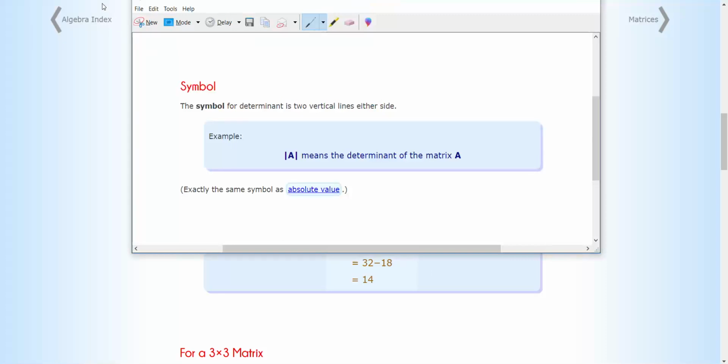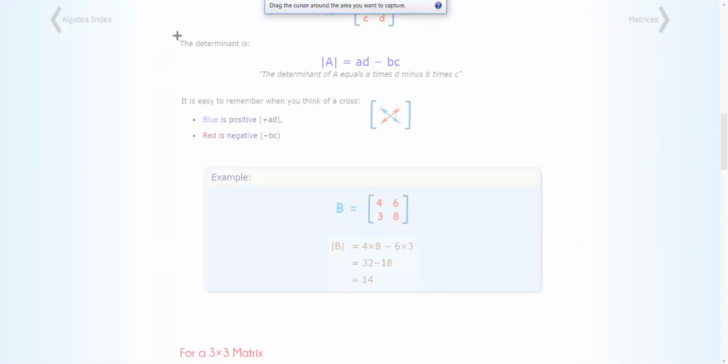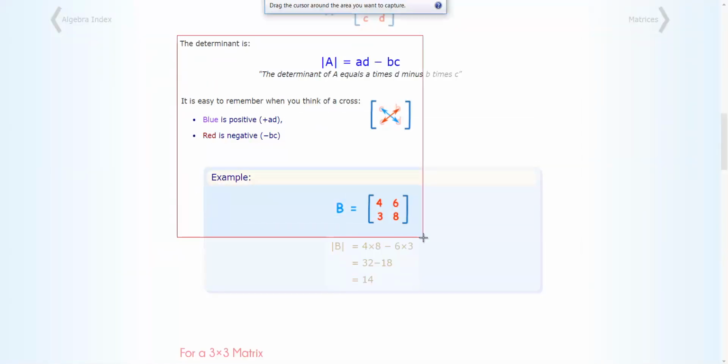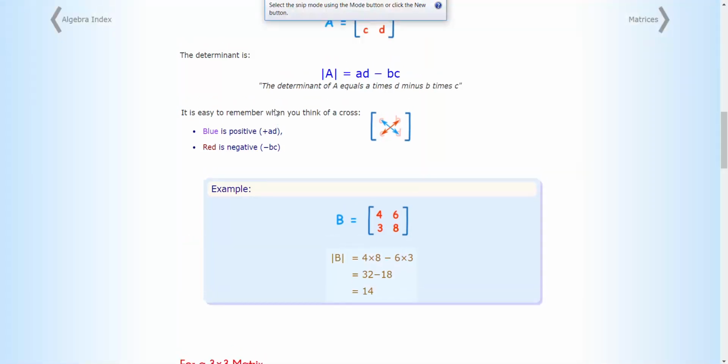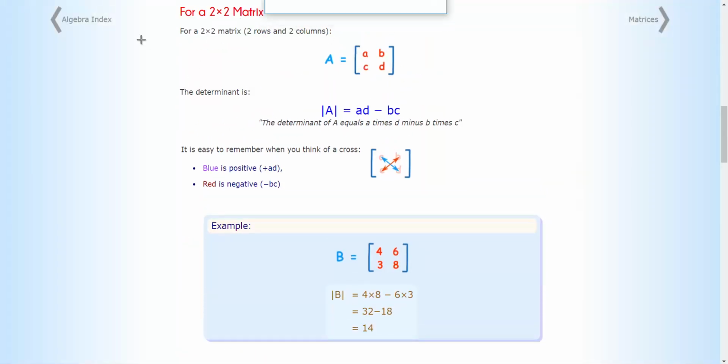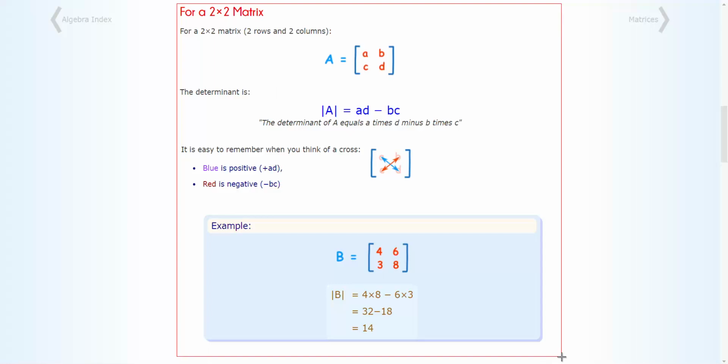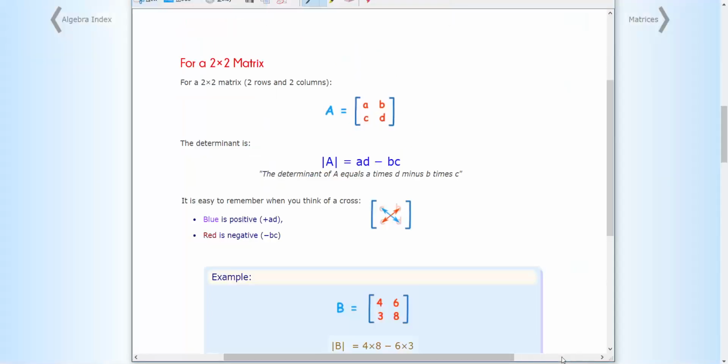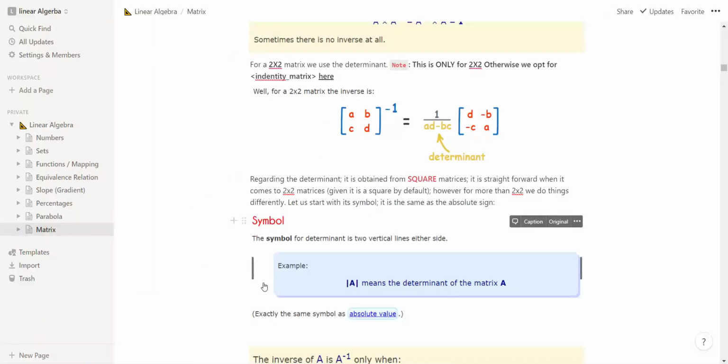Yeah, I'm going to add this too. It's a nice way to... so this is the determinant. I think I should organize this to have sub pages.